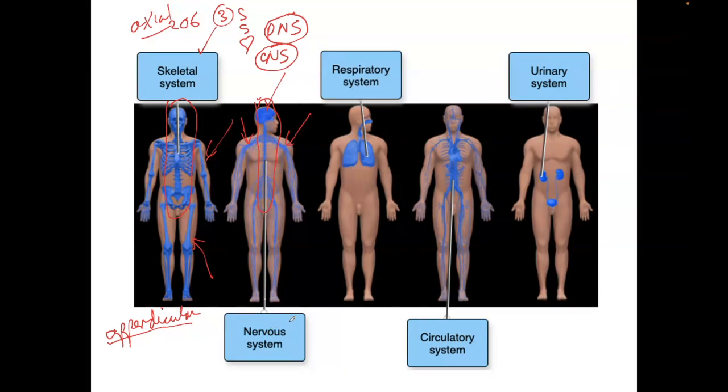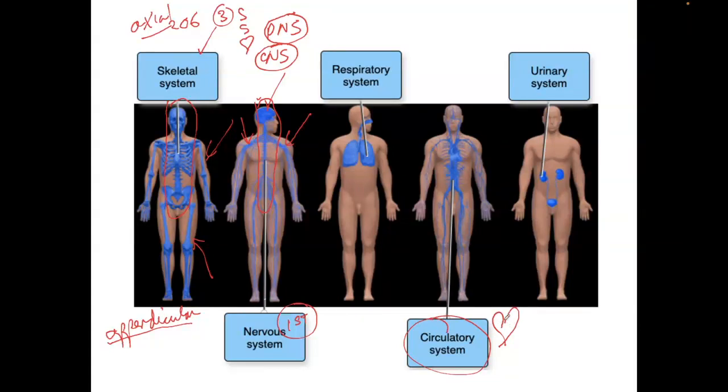Within the neural system, this is the very, very first system that develops embryologically. Wow, isn't that amazing? Because most people think the circulatory system with the heart is the first system that develops, because when people do an ultrasound or Doppler ultrasound on a pregnant woman, they'll say, oh, there's the heartbeat, baby's alive.